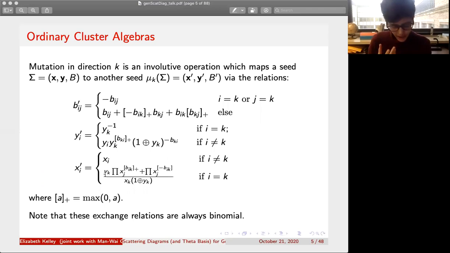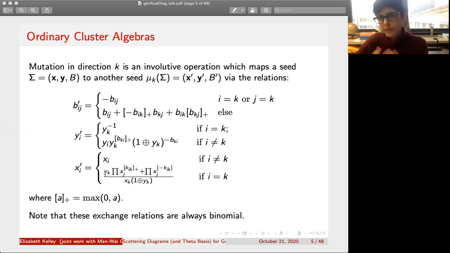So in a cluster algebra, I said that the cluster variables appear in what are called clusters. And so one question that you might ask is, is my choice of initial cluster special? How do I get to the other clusters? And so we define this operation called mutation, which takes us from one cluster to another. Essentially, you should think that mutation takes one cluster variable and swaps it out for some unique other cluster variable.